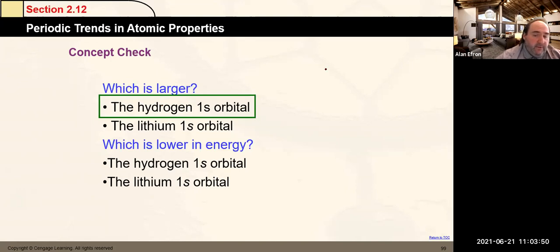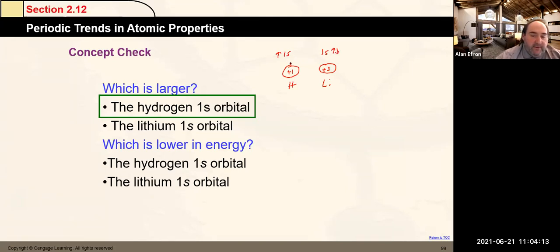But which one would be lower in energy? That has to do with that positive charge, this guy being our hydrogen, this guy being our lithium here. If we have our 1s orbital, the hydrogen has one electron in there, and this guy's got a couple of electrons in there.